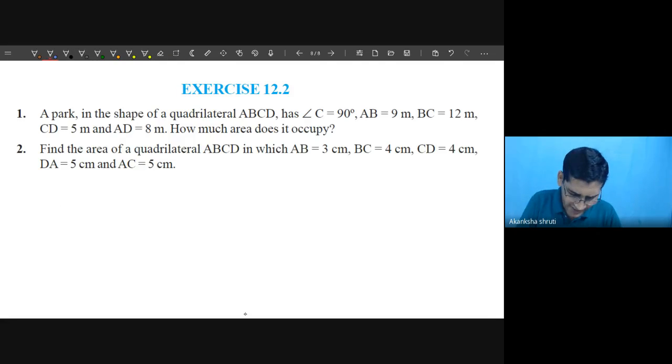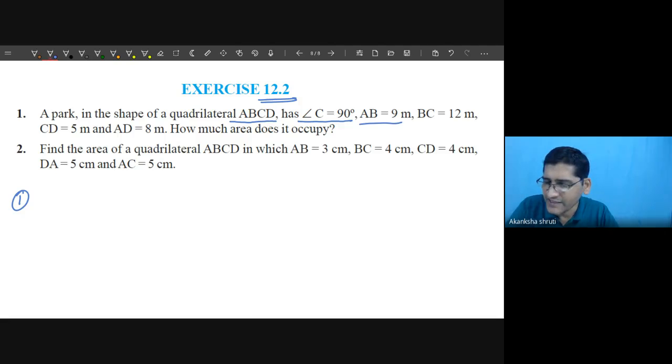Question number 1 of this exercise 12.2. A park is in the shape of quadrilateral ABCD with angle C as 90 degree, AB is 9 centimeter, BC as 12 centimeter, CD as 5 centimeter, AD as 8 centimeter. How much area does it occupy? Means you have to first draw the figure.